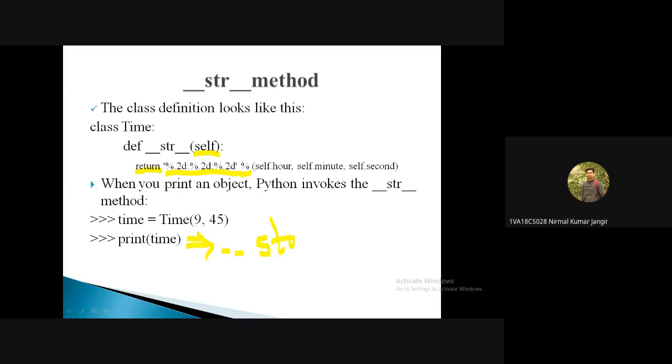Double underscore str, and the argument in this case is time. Can anybody guess what the answer is when I print time? Does it give me the location? 09:45:00. Yes, 09:45:00, because I would have given the default value for seconds as 00.